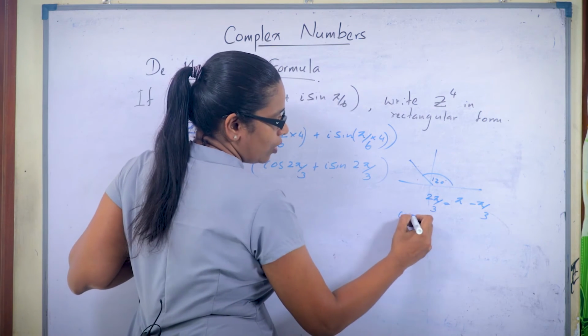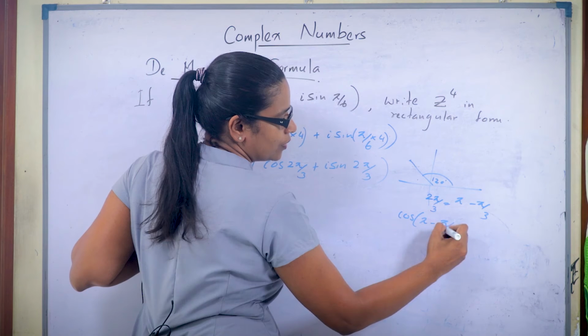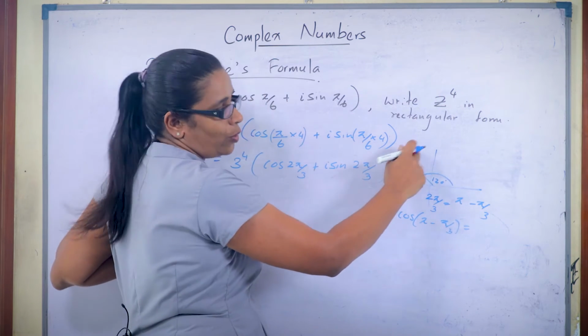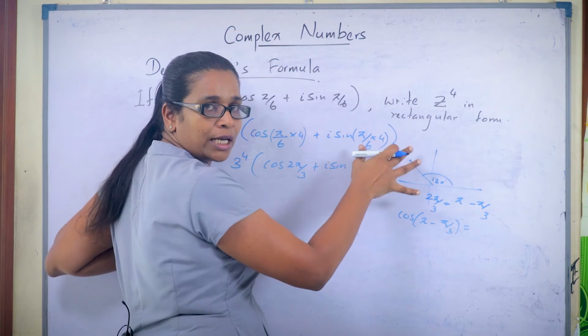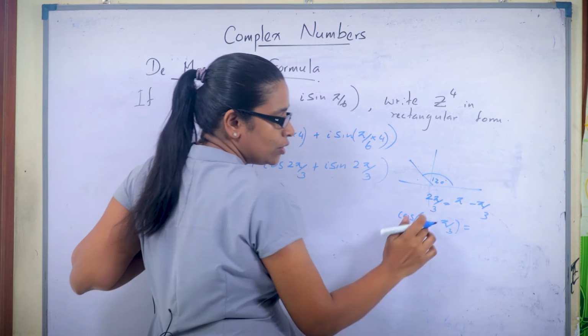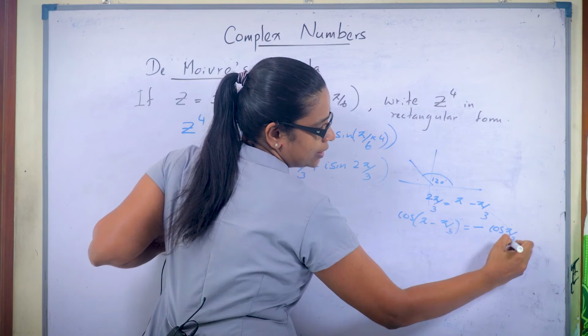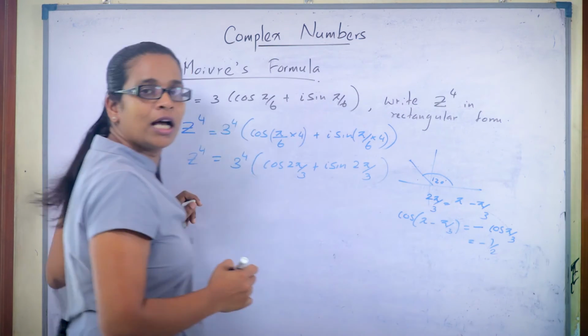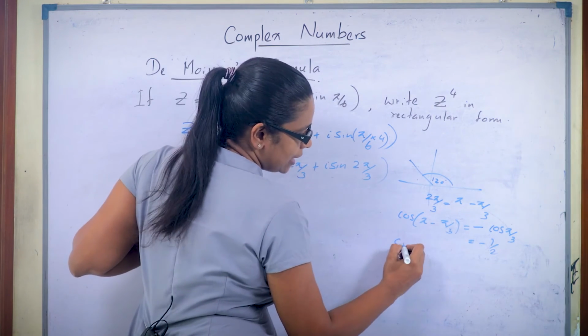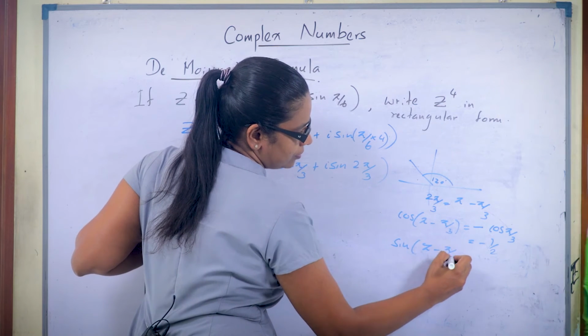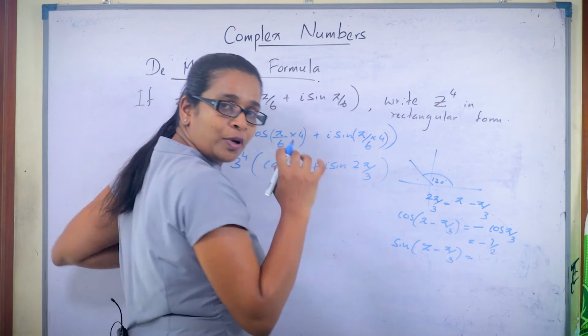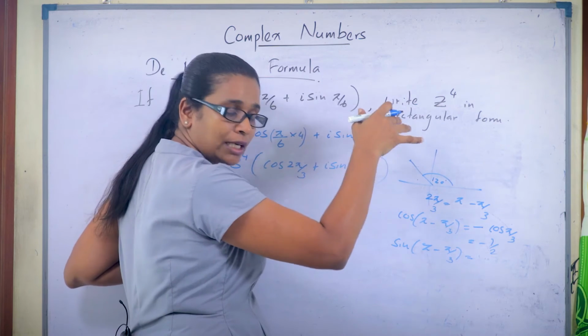So when you write cos(5π/3), this is in the second quadrant. So here the sine values you can consider as positive. For the cosine one you have to put a negative sign, cos π/3, so that is minus half. When you consider the sine value, it should be a positive value because it is in the second quadrant.